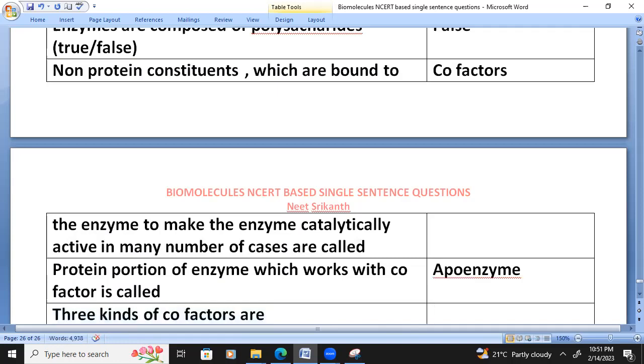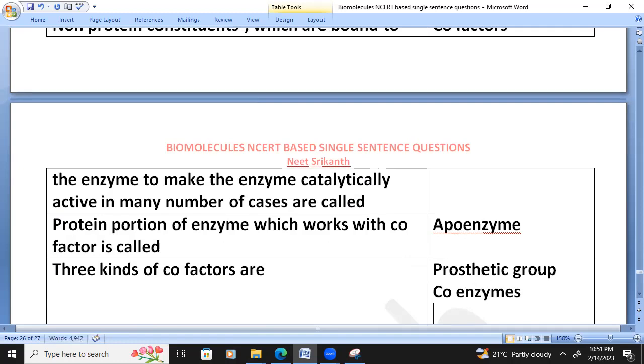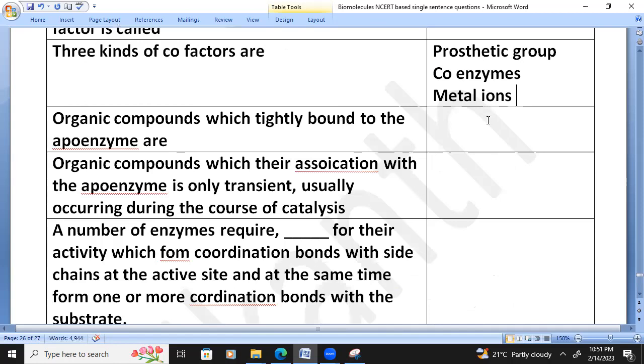Three kinds of cofactors are prosthetic groups, coenzymes, and metal ions. Organic compounds which are tightly bound to the apoenzyme are prosthetic groups.